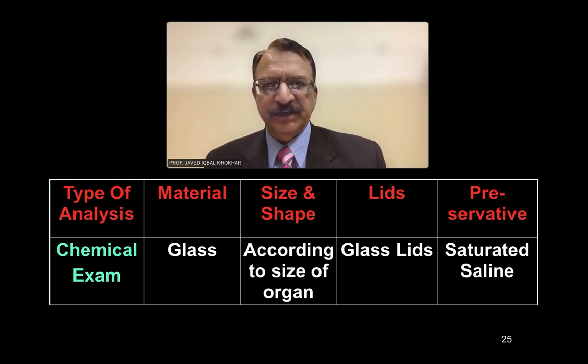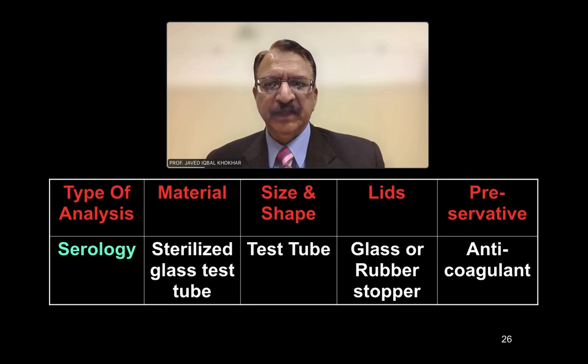Supersaturated saline is used in these cases. And for serology or testing on the fluids, sterilized test tubes are used. The test tubes are of standard size, of glass, with a glass or rubber stopper. And the anticoagulant is added in the serology cases.